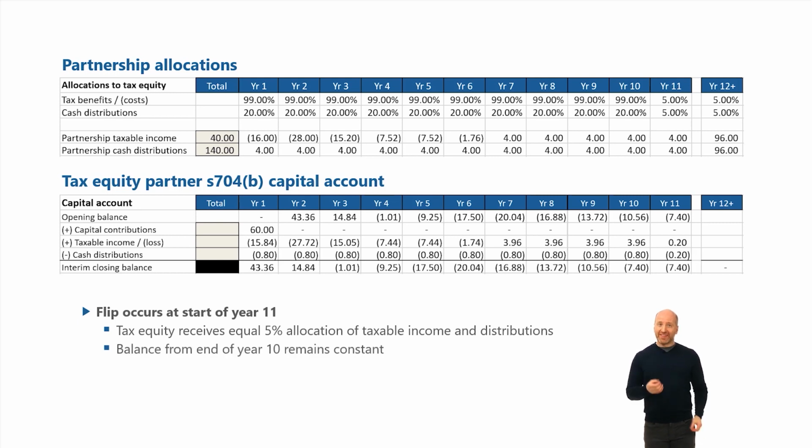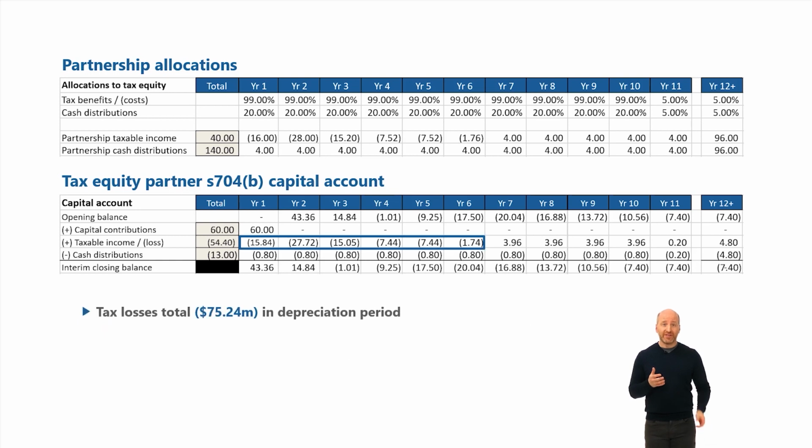As a reminder, the line item with the single greatest responsibility for the 704(b) tax capital account going negative is tax losses. In the first 6 years, the losses were equal to 75.24 million before going positive to a total of 54.4 million.